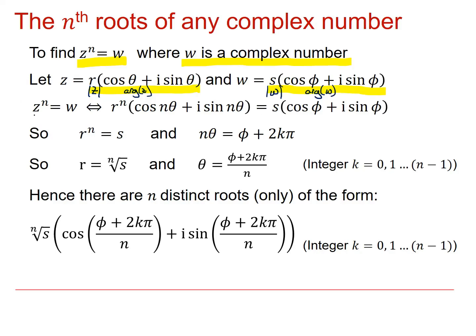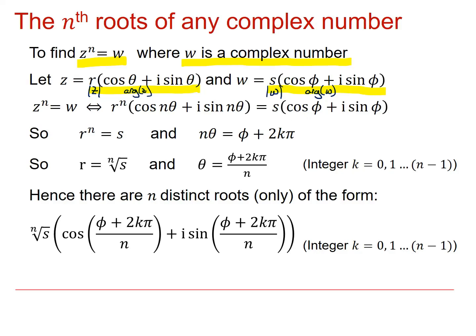So from my equation, z to the n equals w, this is the same equation but with z in modulus argument form, powered up. Use De Moivre's theorem here to multiply up the angles, and then here I've got w in modulus argument form as well.